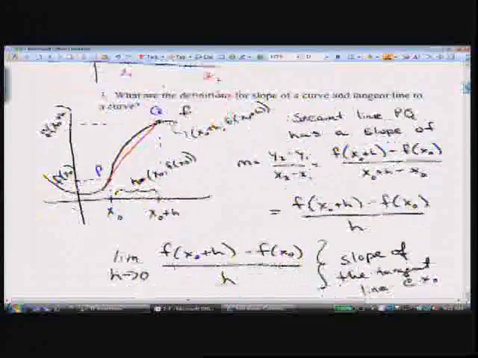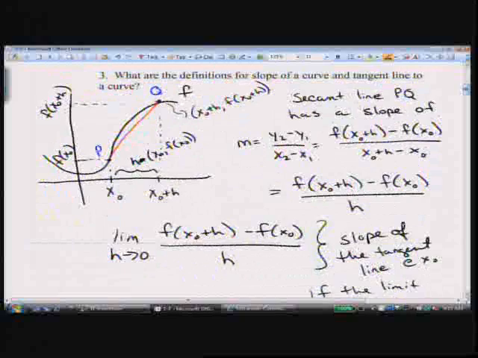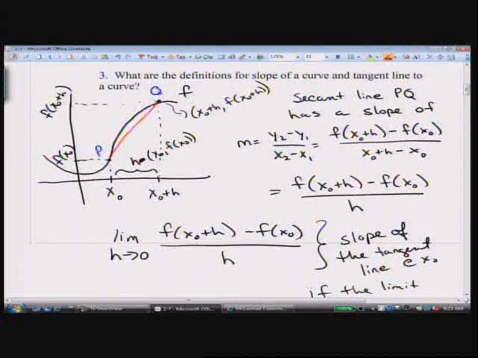All right, this is kind of scary, but it's just notation. If you're at a point x naught, then the y-coordinate would be f of x naught. Then if you go h away, you will be at the point x naught plus h, and the y-coordinate would be f of x naught plus h.